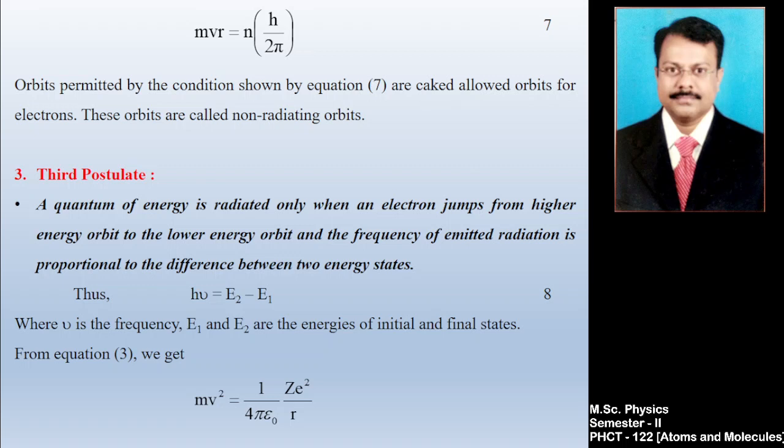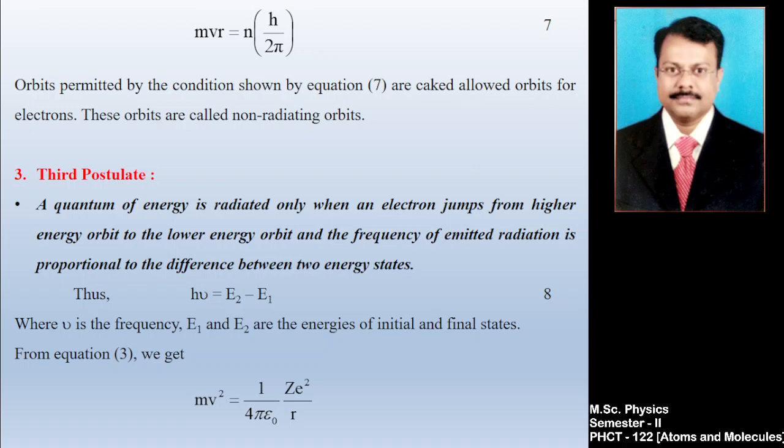It means when the electron goes from a lower energy orbit to a higher energy orbit, it absorbs energy, and vice versa, when the electron jumps from a higher energy orbit to a lower energy orbit, it emits its energy in the form of heat or light. This is the meaning of the third postulate.